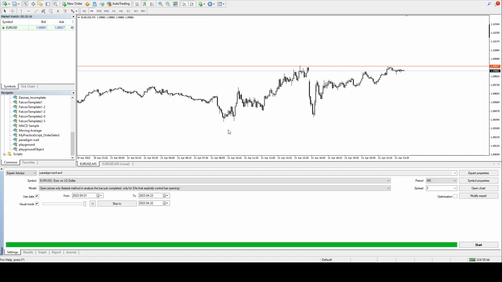Sometimes it will use 1%, sometimes 0.5%, some other time 0.25%, depending on two things: the losing streak and the kind of price action that we are having. If it's consolidating, it is going to try to reduce the risk. So I'm going to set this to true as well.